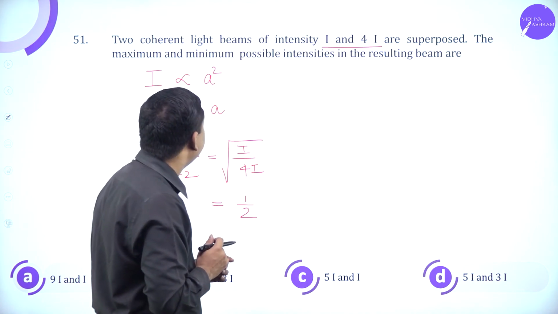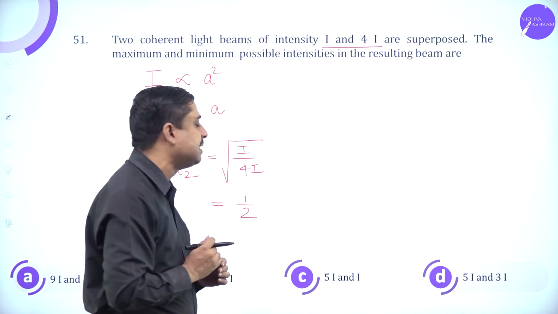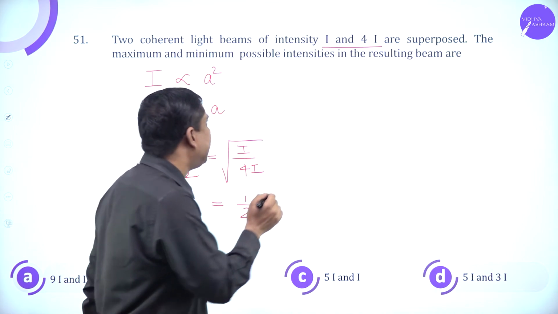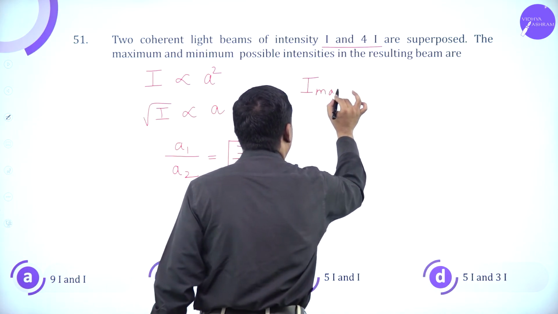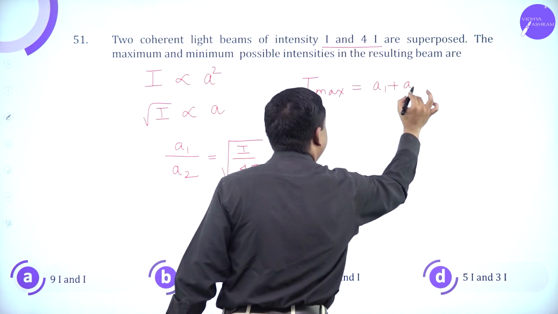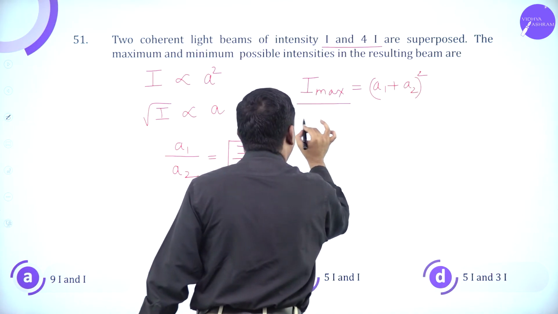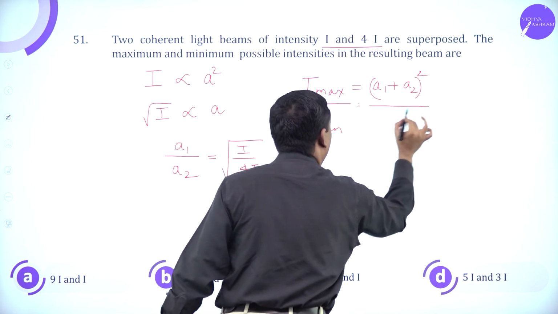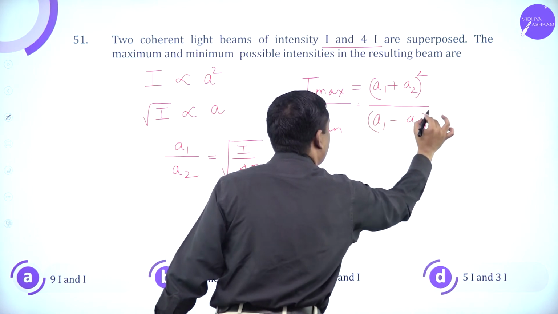So maximum and minimum possible intensities. I max is equal to (A1 plus A2) whole square, and I minimum is equal to (A1 minus A2) whole square.